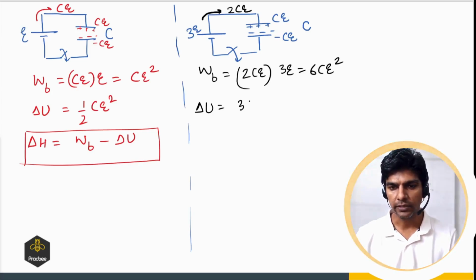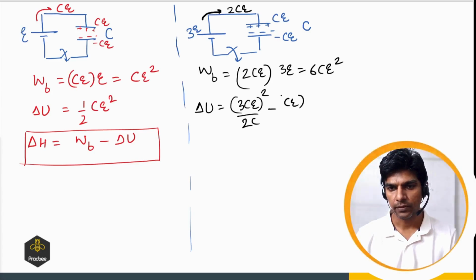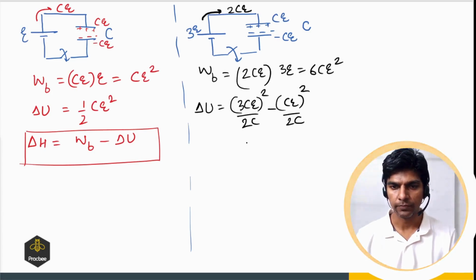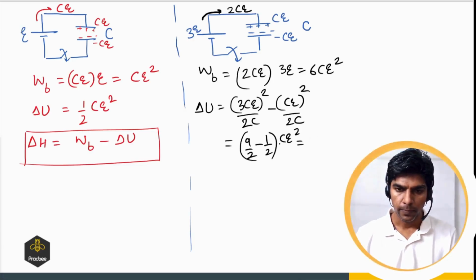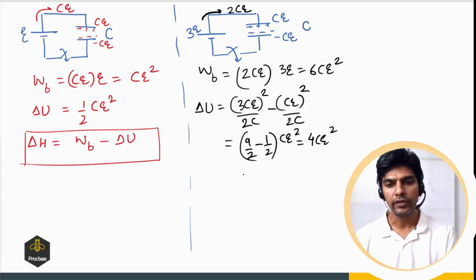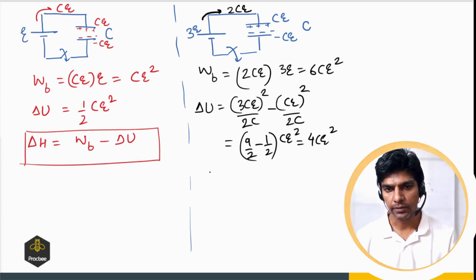So it will be (3CE) square by 2C minus (CE) square by 2C. So this comes out to be 9 by 2 minus 1 by 2 times CE square, which comes out to be 4CE square.